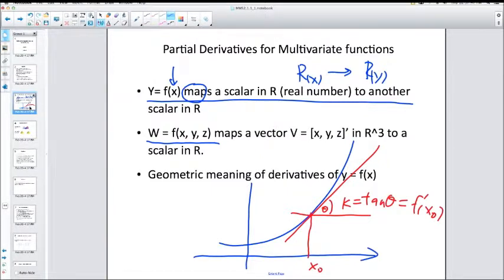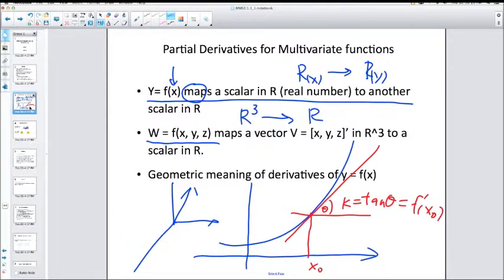The second function has 3 variables. Then I can call this space 3D. We use R to the third to represent it, and you map a point in 3D like this to a real number.